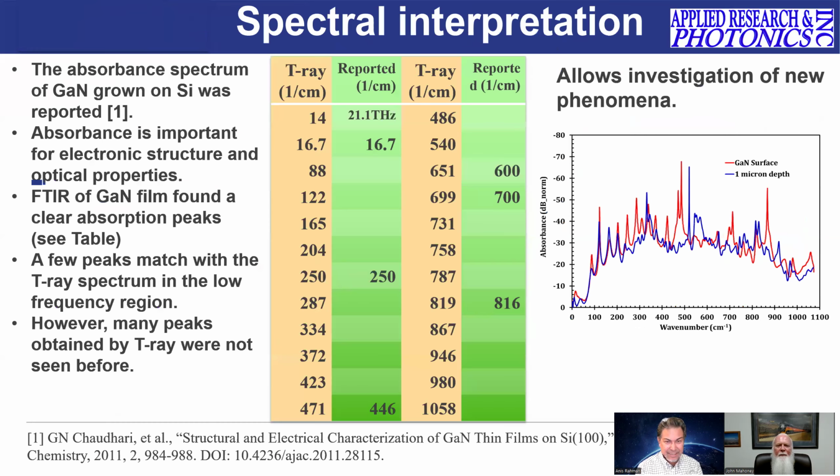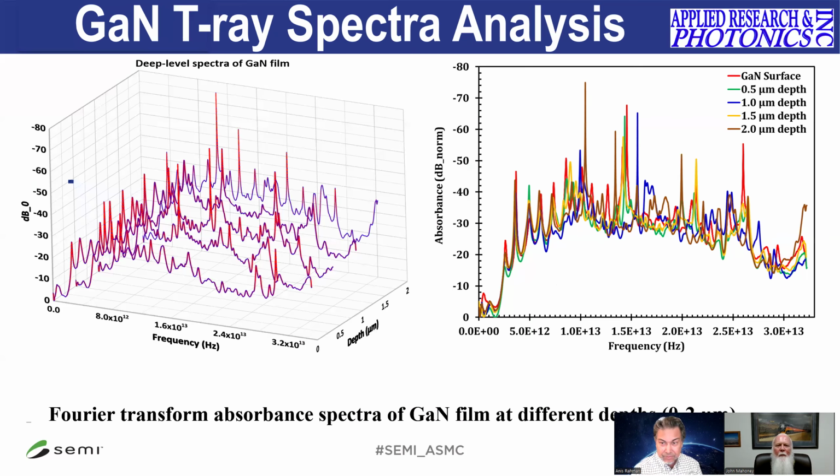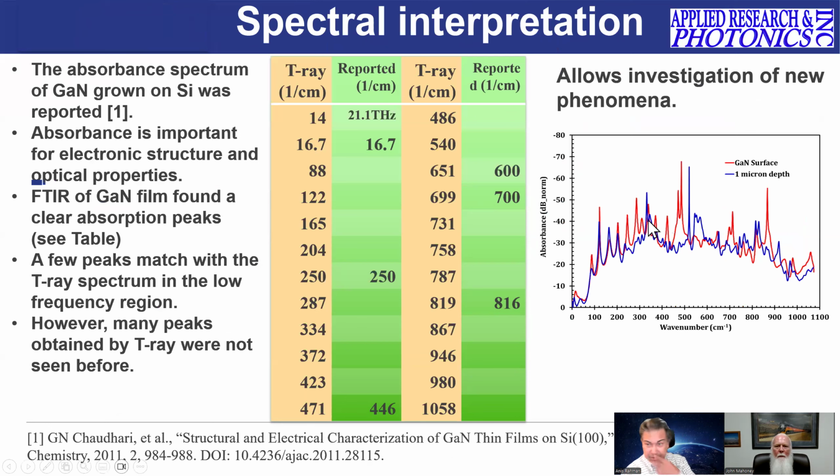So I have reproduced the spectra here in terms of wave number. What we learned from doing a literature search is that these are the peaks that they have reported for GaN, for gallium nitride.